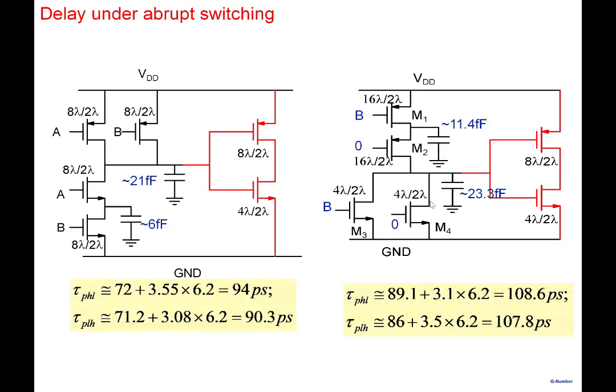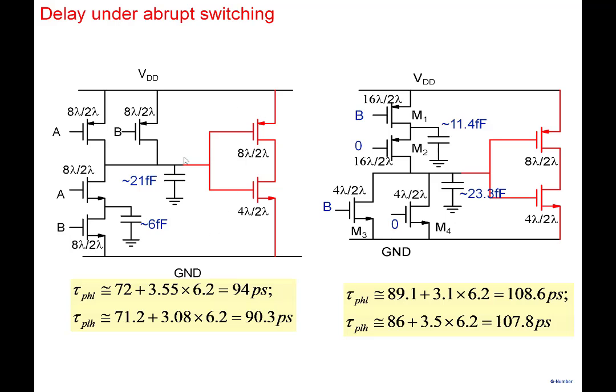These are the delay values. This we had already obtained. We had characterized the NAND gate earlier, except that what I've done is I have written out the delay values in terms of two components. One is the intrinsic delay, 72 for example, tau PHL intrinsic delay is 72, plus a term related to drive strength multiplied by the load capacitance.